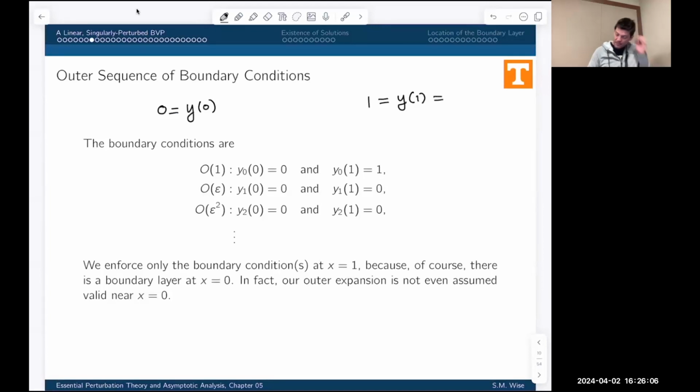But remember, I'm assuming that I have a valid asymptotic expansion of both of these functions. So this is going to be y, presumably something like y0 at 1 plus y1 at 1 epsilon plus y2 at 1 epsilon squared. I can do this for both the right and left-hand boundary conditions, although one of them is not going to be valid.